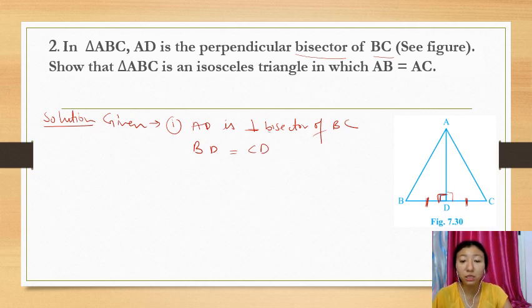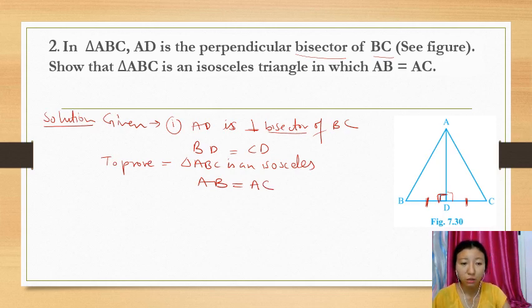This is the only thing that is given, so the next step is we have to prove triangle ABC is an isosceles triangle, that is, AB is equal to AC.